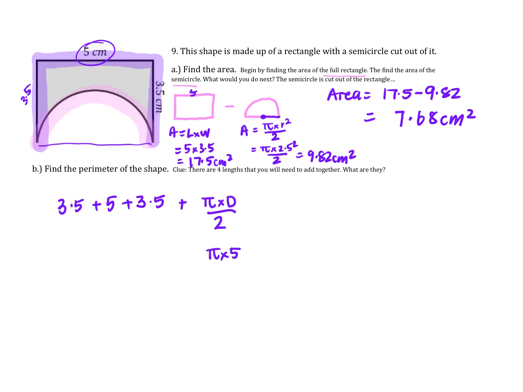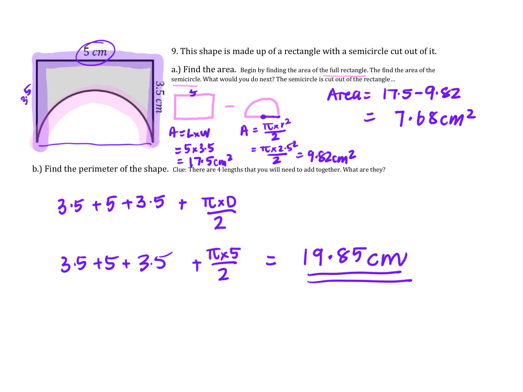So I'm just going to put this all in my calculator. 3.5 plus 5 plus 3.5 plus fraction button pi times 5 over 2 equals. And that gives me 19.85 and it's perimeter, which is just a length, so just centimetres.